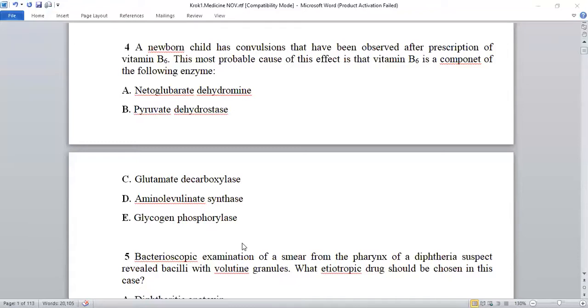So, Mr. Afari, they are saying a newborn child has convulsions that have been observed after prescription of vitamin B6.